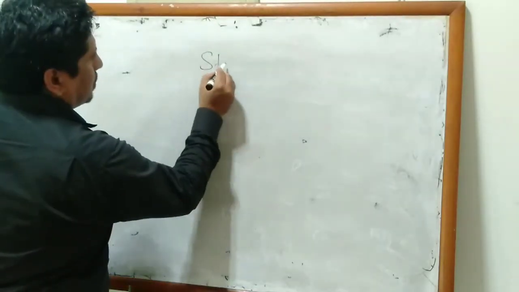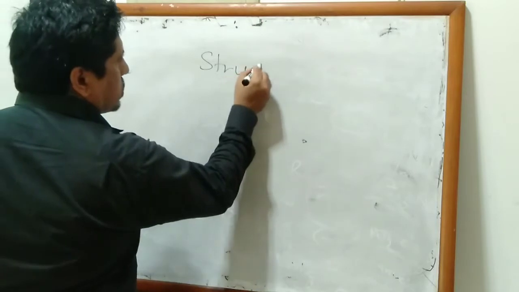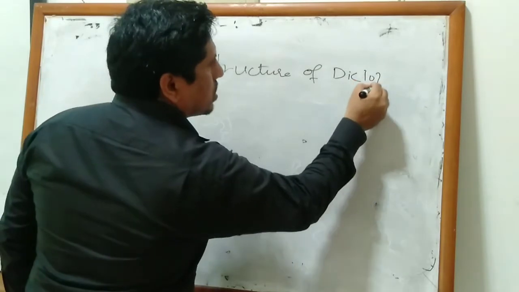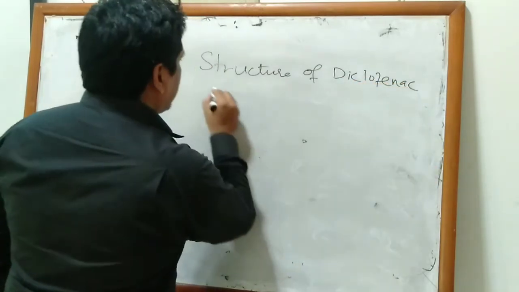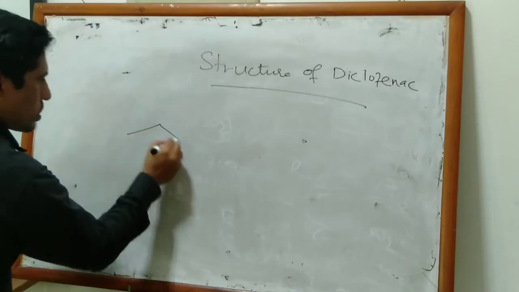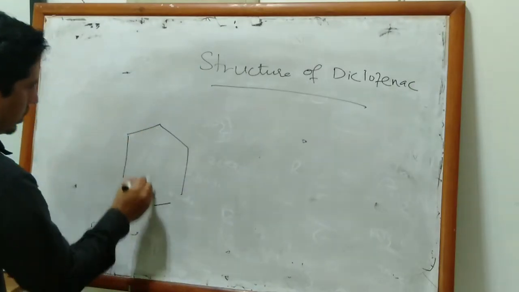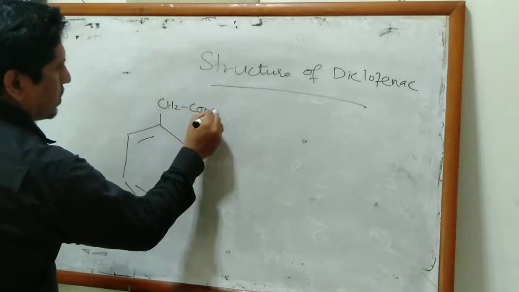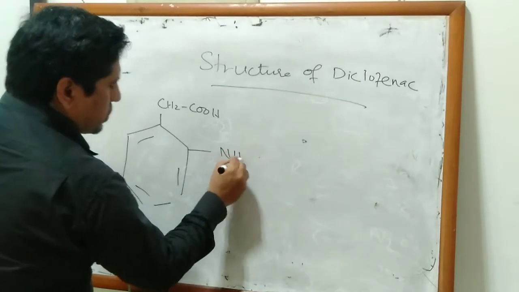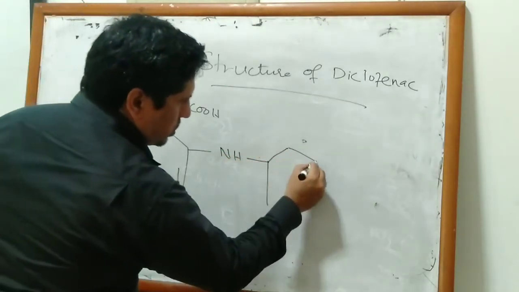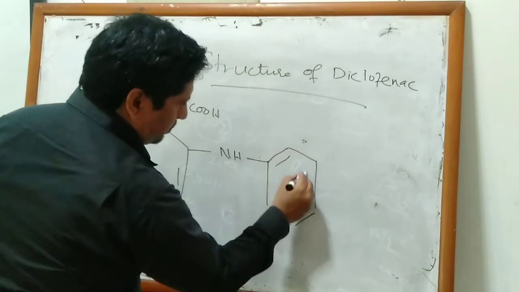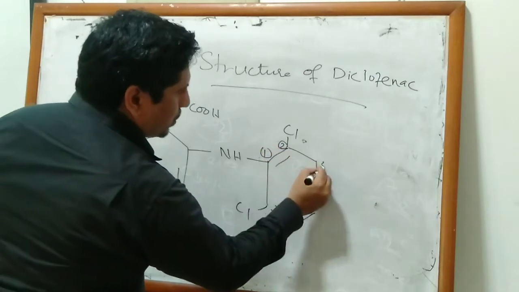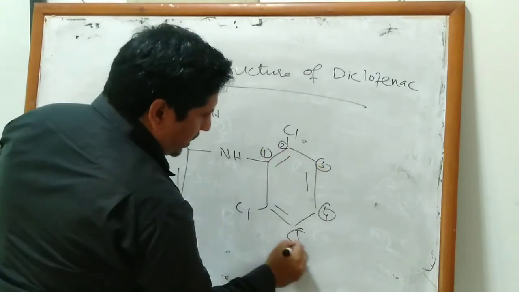Structure of diclofenac. That is 1, 2, 3, 4, 5, 6.